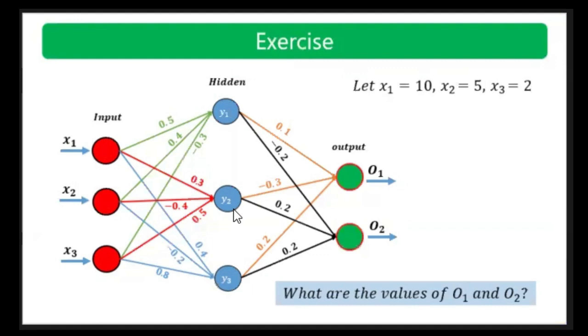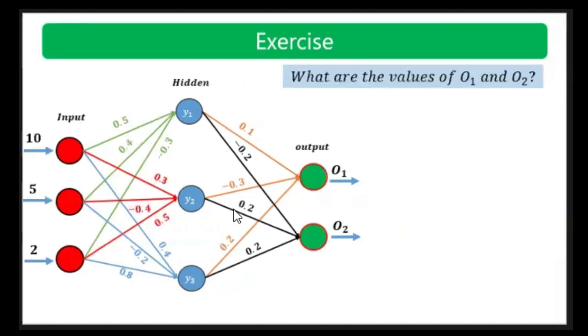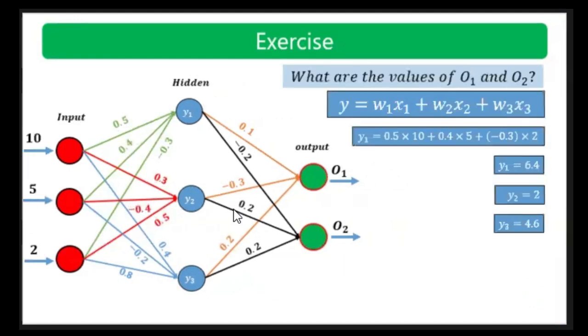If I take x1, it is multiplied by 0.5, x2 is multiplied by 0.4, and x3 is multiplied by minus 0.3. That gives the output y1. When you calculate, y1 is going to be 6.4. You can do the calculation later.